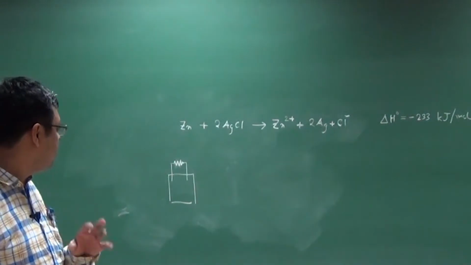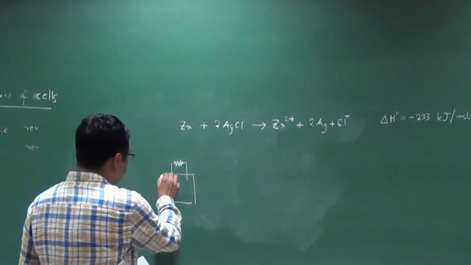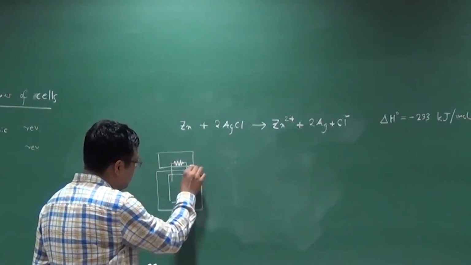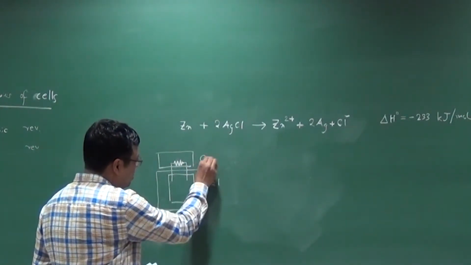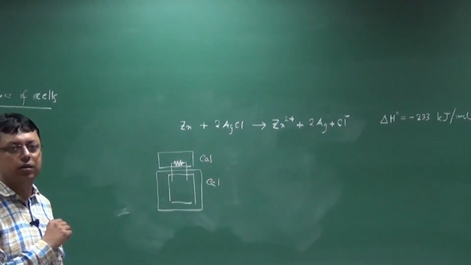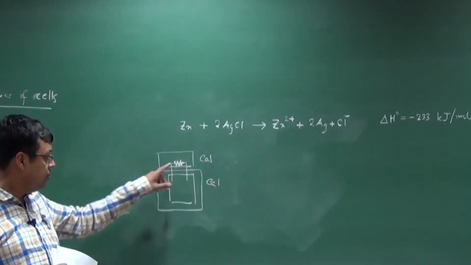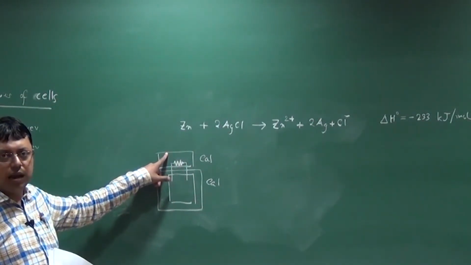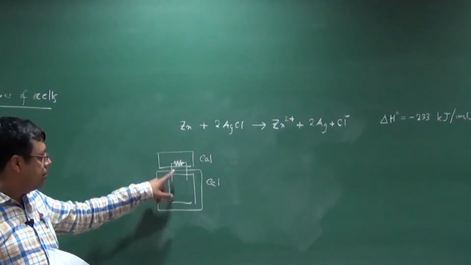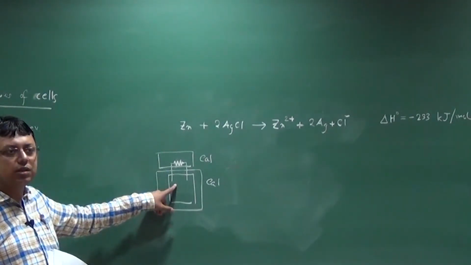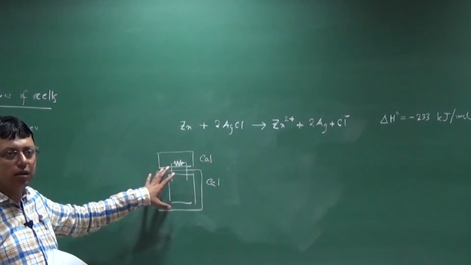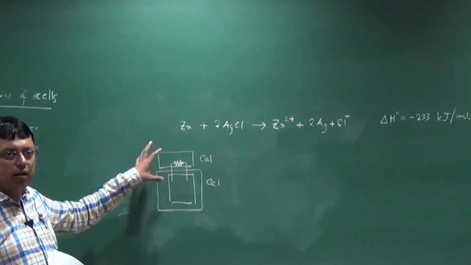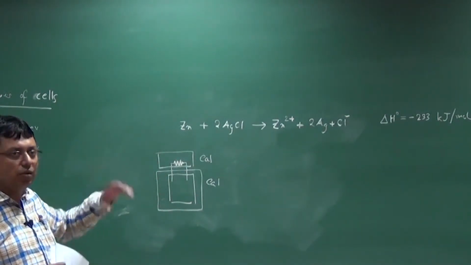But let us think conceptually: suppose I measure this inside one calorimeter, and I measure this in another calorimeter. I am measuring how much heat is dissipated across the resistance, plus I am measuring the total heat change. Together, we'll see what is happening.